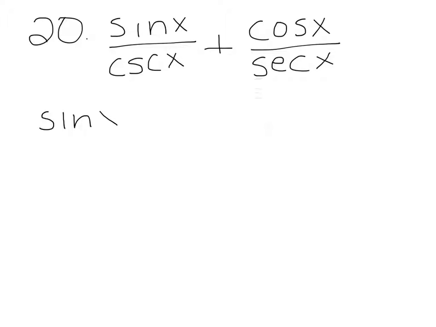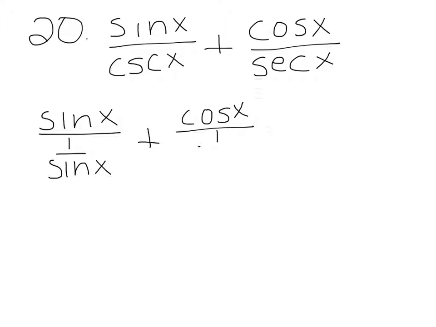Sine of x divided by 1 over the sine of x plus cosine of x divided by 1 over cosine of x. And of course, fraction division just means invert and multiply.